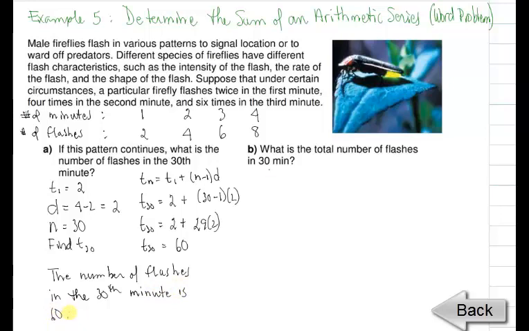Okay, so B. What is the total number of flashes in 30 minutes? Okay, well, because they're using this word total, this means sum, right? And so you want S30. Okay, that's what you're looking for, S30.